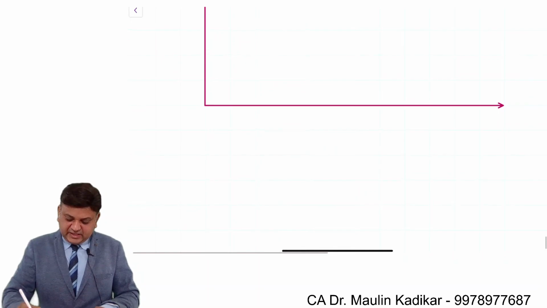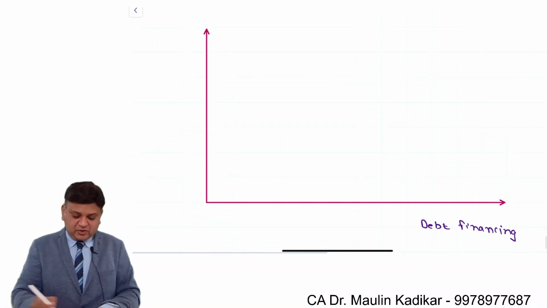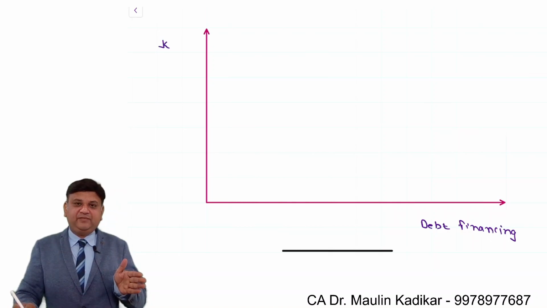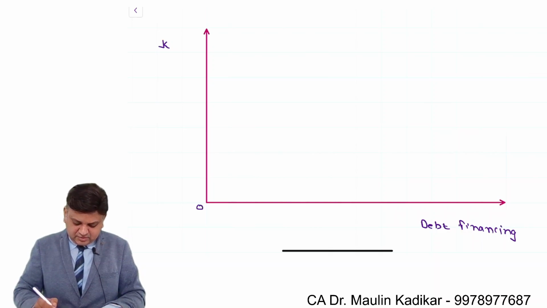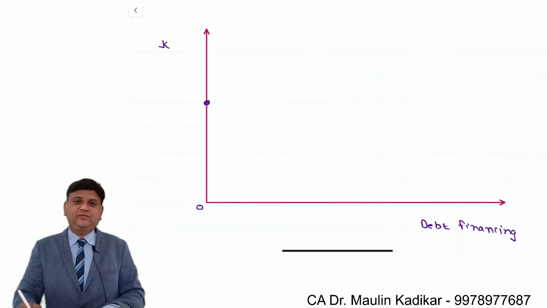On the x-axis we take the debt financing, and on the y-axis we take the cost of capital. So what happens when there is an increase in the debt financing? When there is no debt financing, cost of equity and weighted average cost of capital are the same.